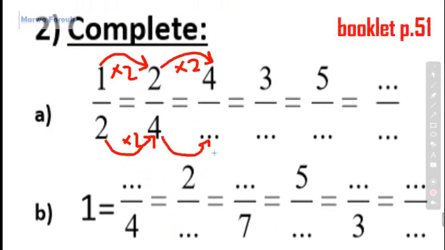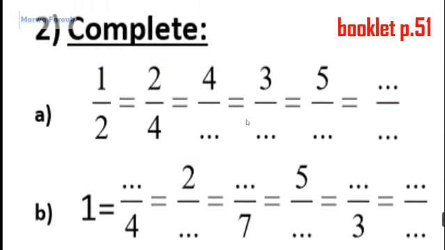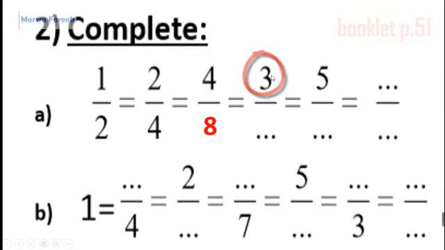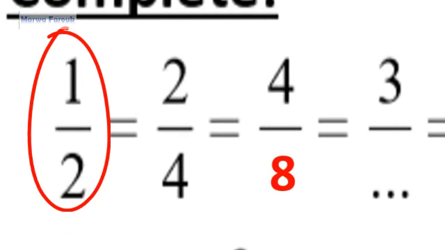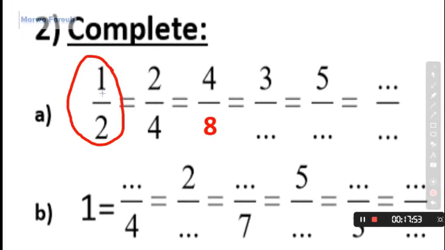And 4 times 2 equals, who can tell me? 4 times 2 equals what? 4 times 2 equals 8. Excellent. Okay, now I have 4 and 3. But I can't say 4 times what equals 3, so we will take the first fraction here, which is half.